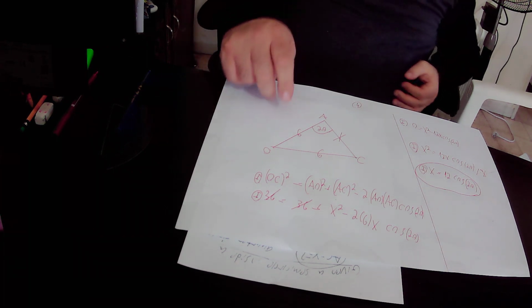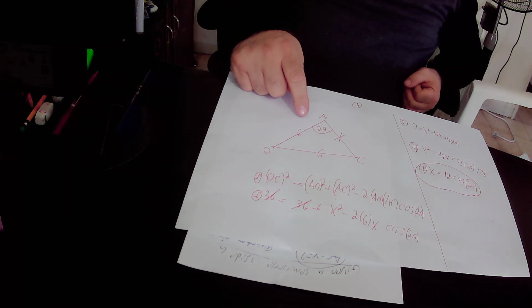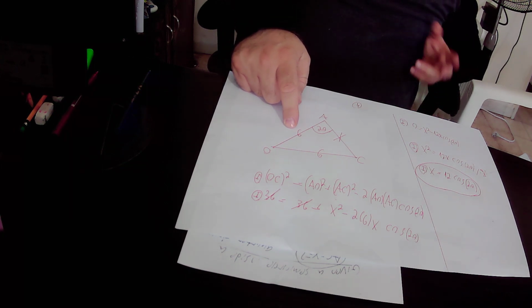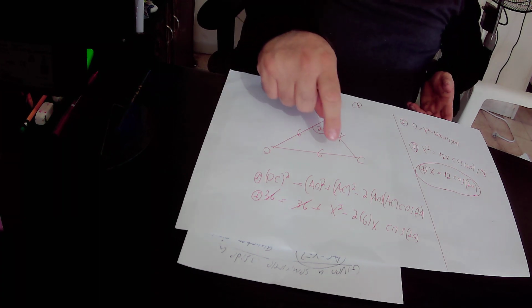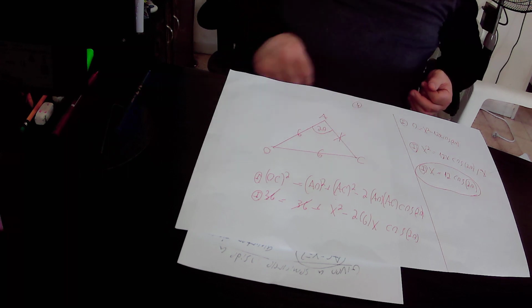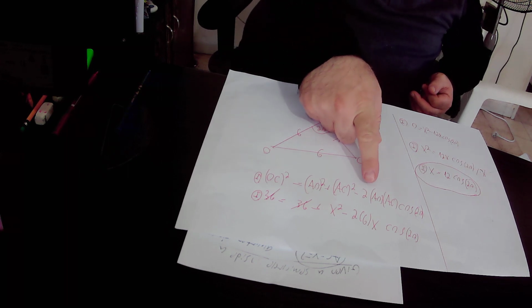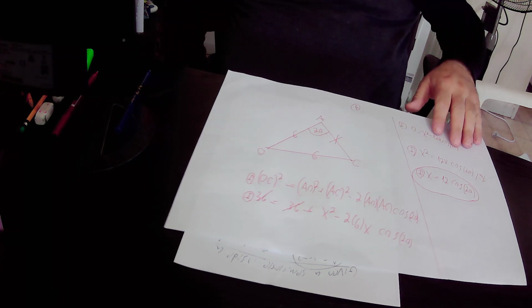OC equals 6, so OC squared is 36. AO equals 6 also, so AO squared is also 36. And AC equals X, so AC squared is X squared, minus 2 times AO, that is 6, times AC, that is X, times cosine 2 theta.